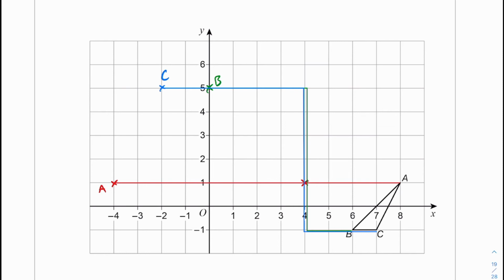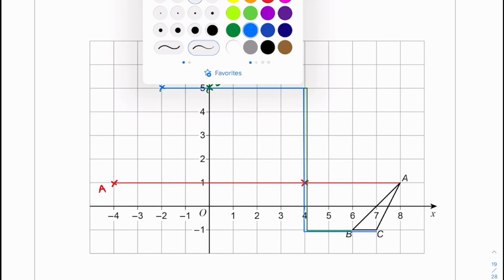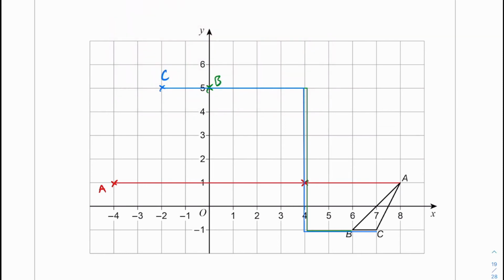So this is now our point C. So if we connect our triangle together, we've got A to C, C to B, and finally B to A. So that is our new triangle.